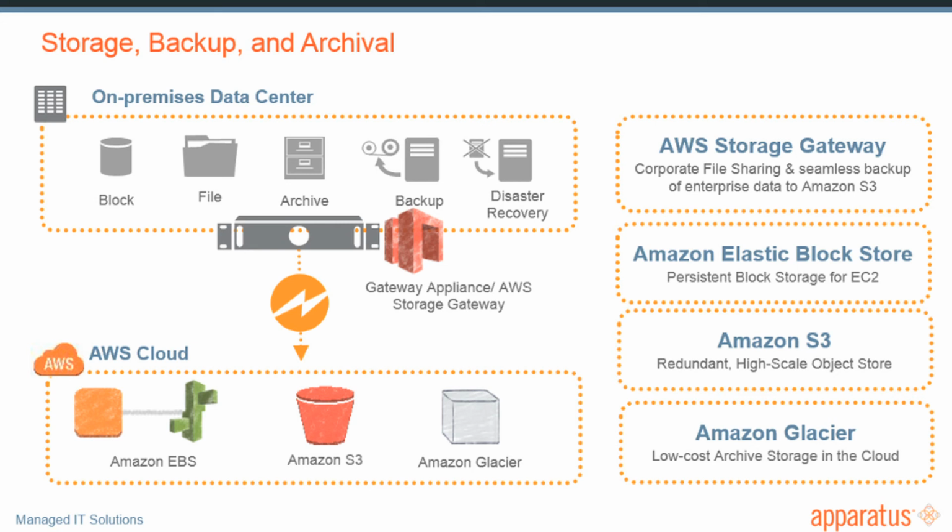So you set policies, what do you want to replicate up to S3, store all of that data there, and then on the S3 side you create policies to either delete that data when you're done with it and don't need it anymore, or archive that out to Glacier so that you can meet your retention policies and things like that. Typically, if you're using something like this, Direct Connect would probably be in the picture as well, so that you have really high-speed transfer rate to get that data into the cloud.